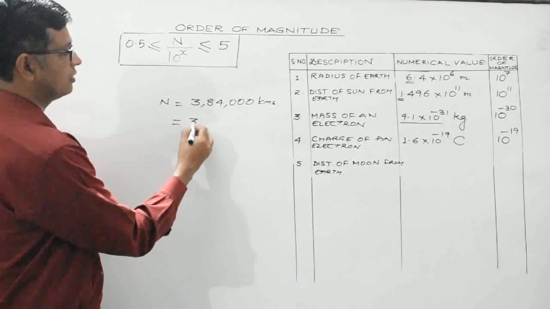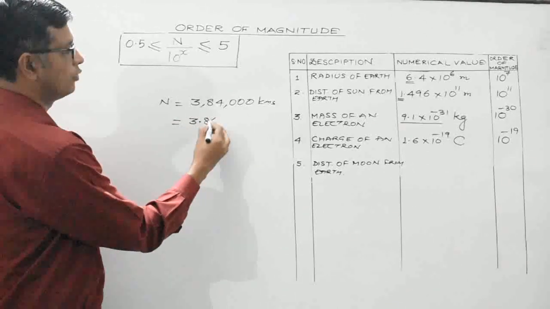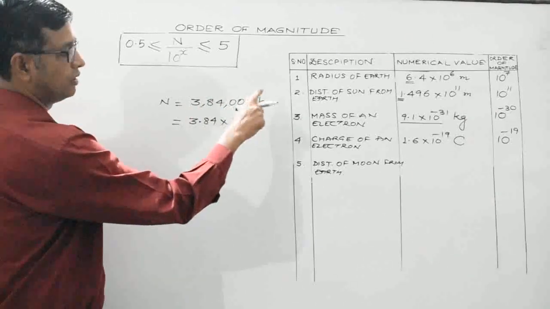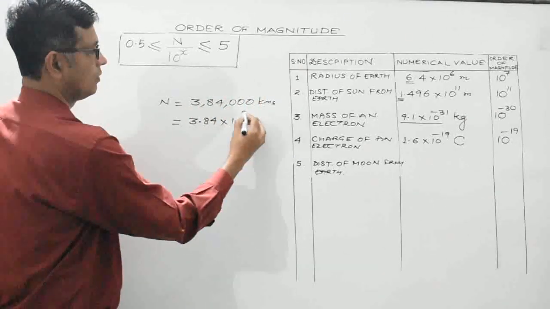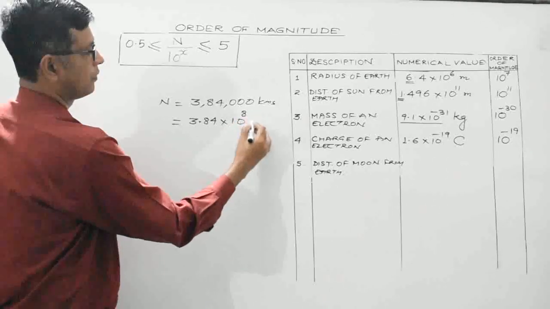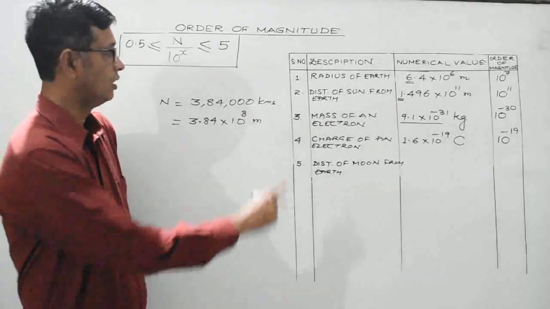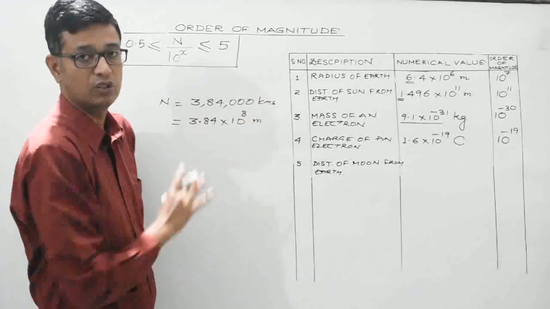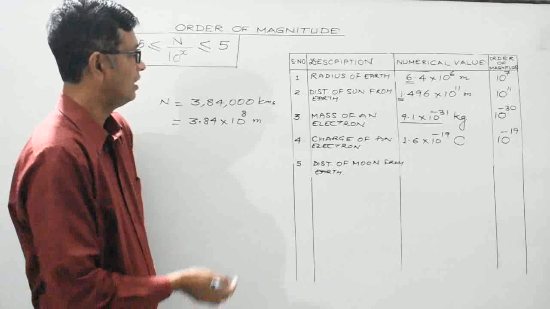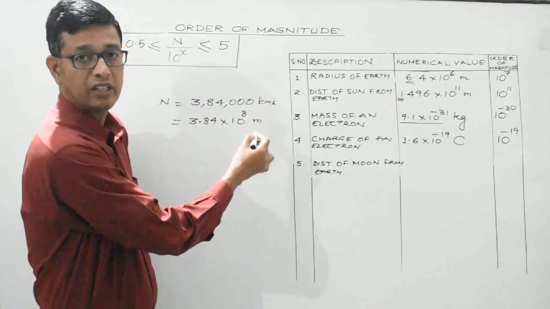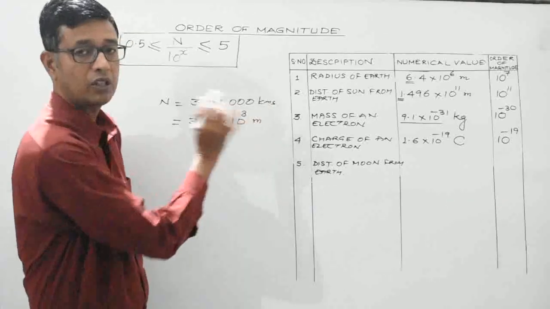So it can be written as 3.84 into 10 raised to power 5, and kilometer is 10 raised to power 3 meters. So it will be 3.84 into 10 raised to 8 meters. Look, I have converted kilometer into meters. 1 kilometer is 10 raised to 3 meters. And by placing the decimal over here, 10 raised to 5 into 10 raised to 3 will become 10 raised to 8.